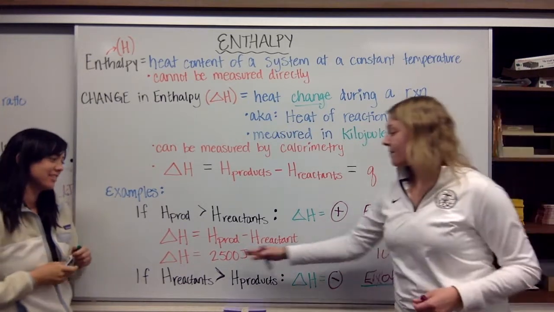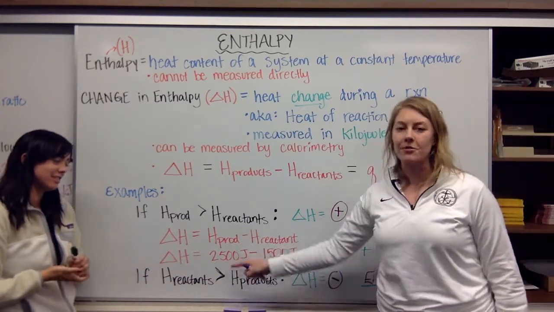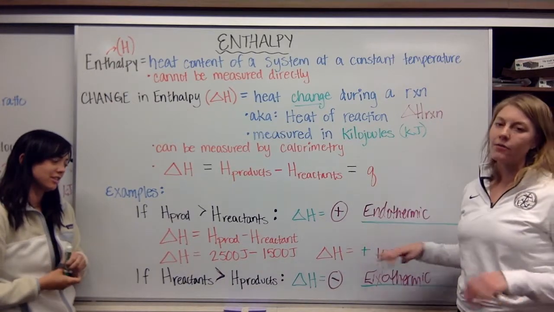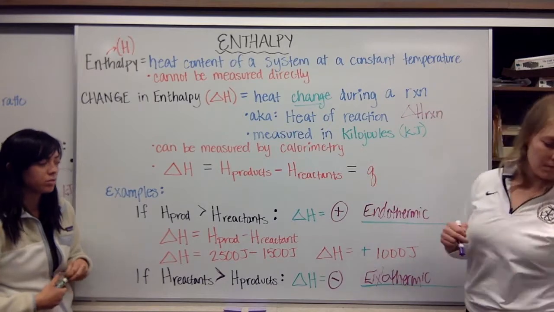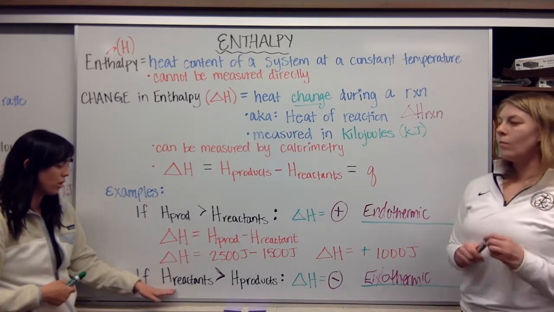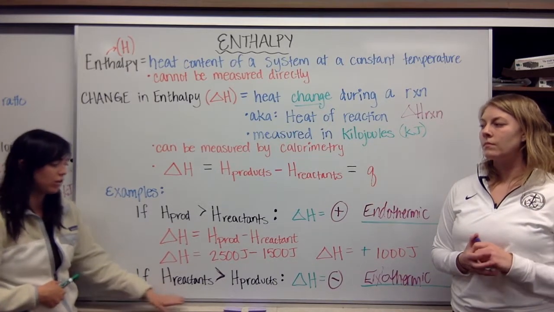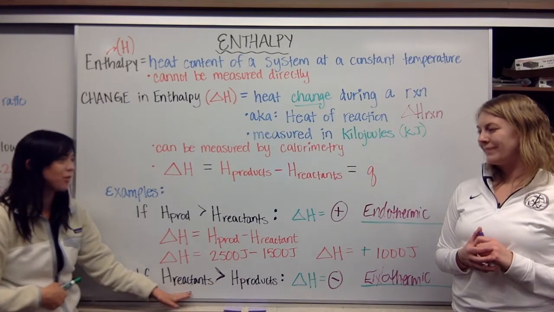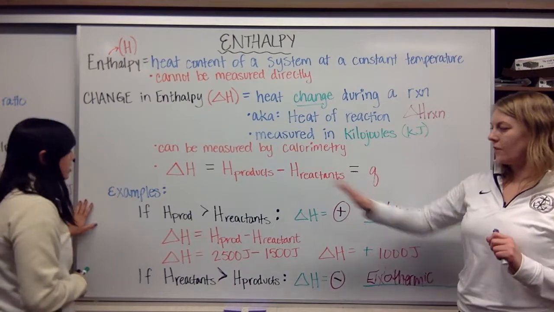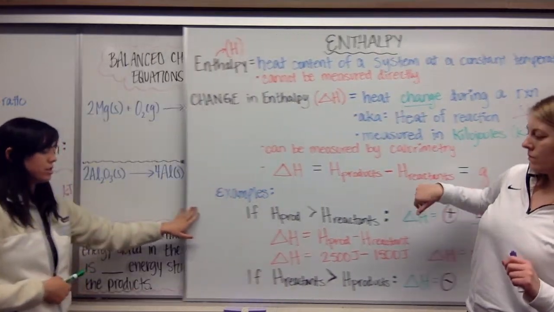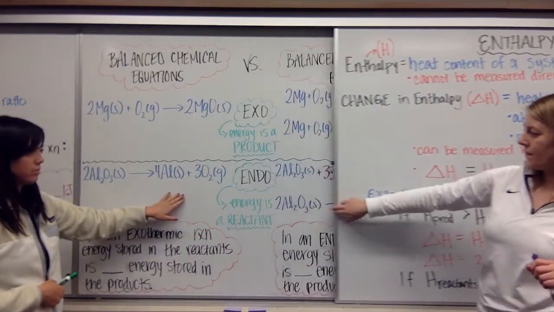So think about these being swapped. 1,500 minus 2,500 would give us a negative 1,000 joules as our delta H. And that means that we have an exothermic reaction. There is more energy in our reactants than there is in our products. So energy is going from system to surroundings.